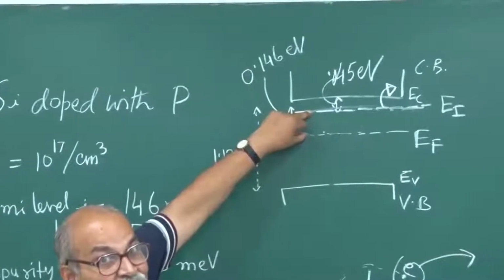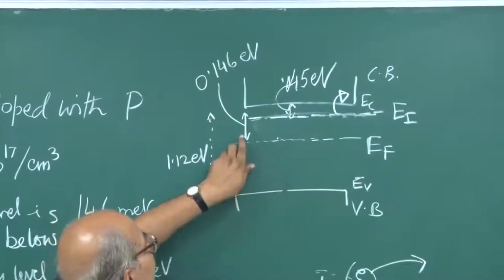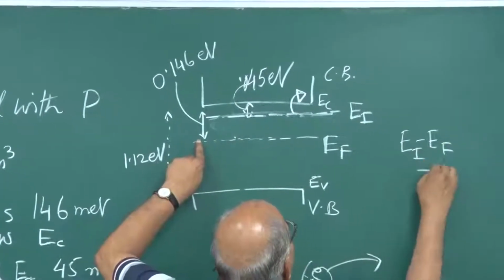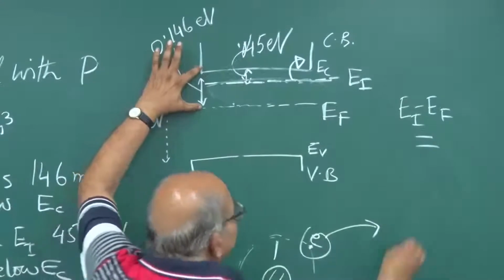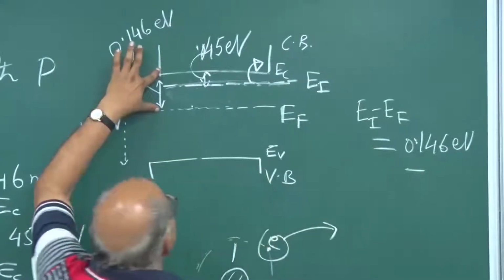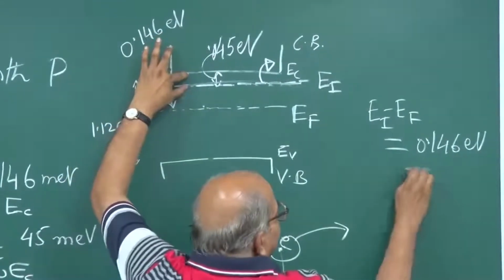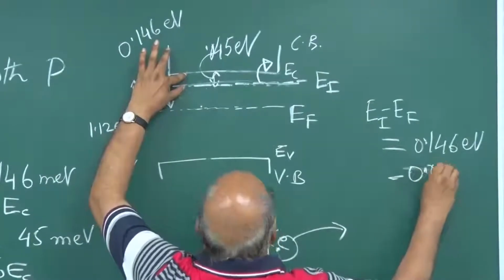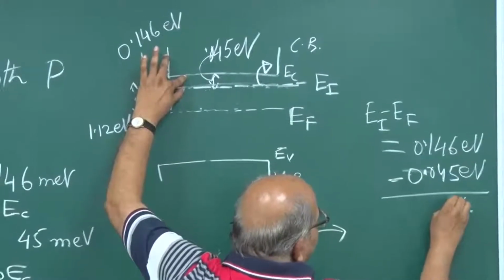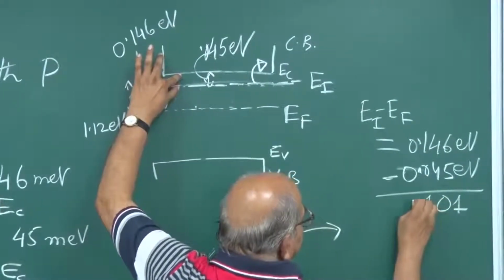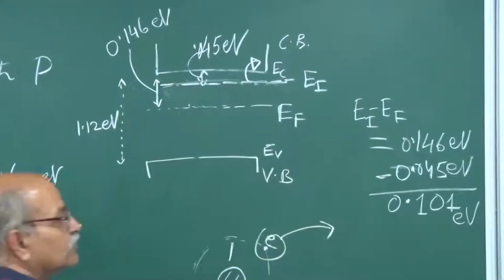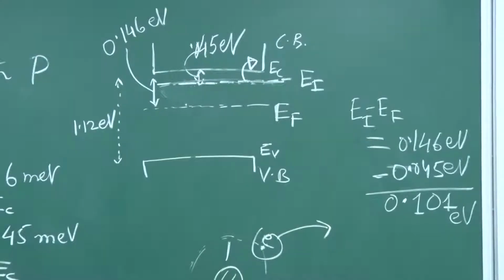So what is EI minus EF? EI minus EF will be 0.146 eV minus 0.045 eV, and that will be 0.101 eV, or 101 millielectron volts.